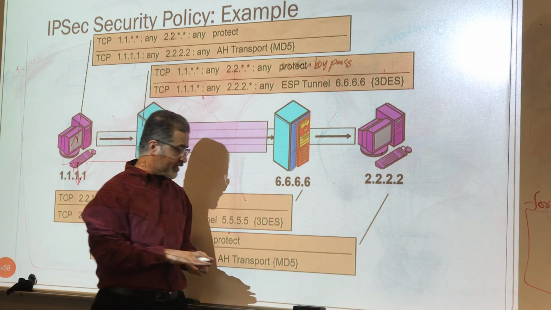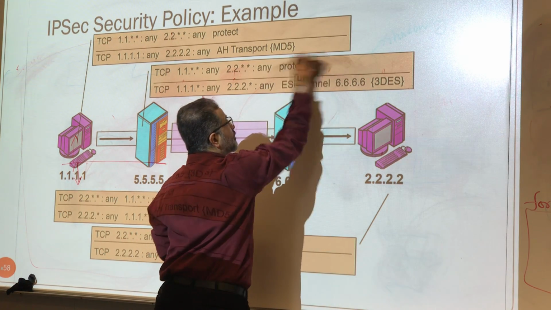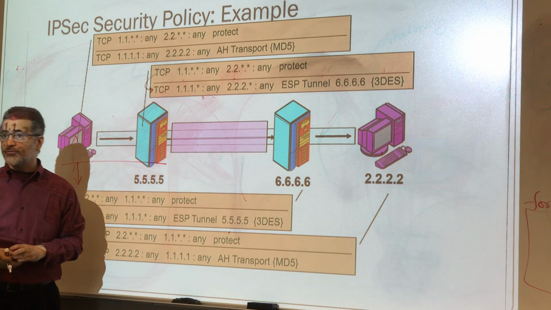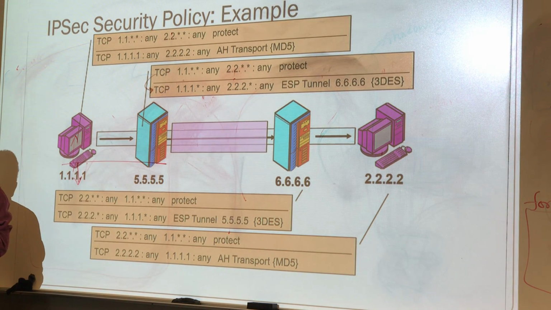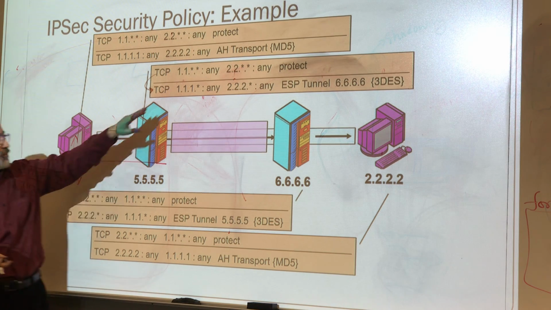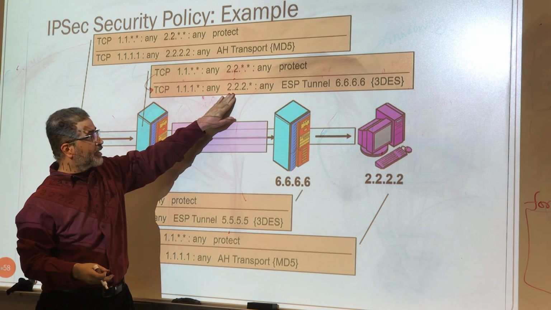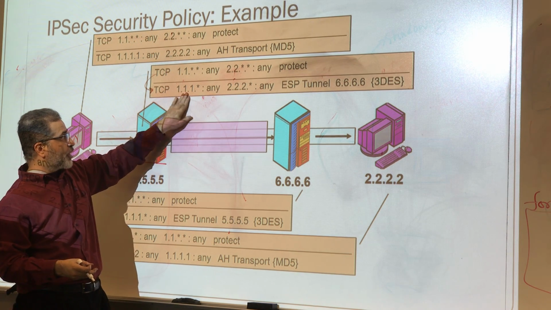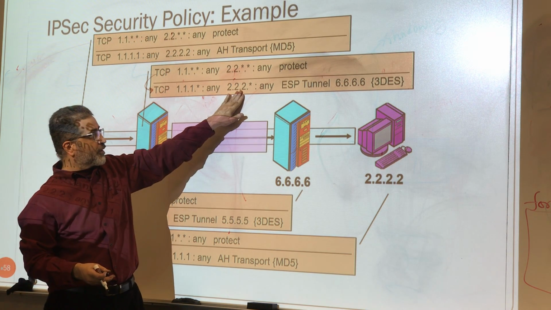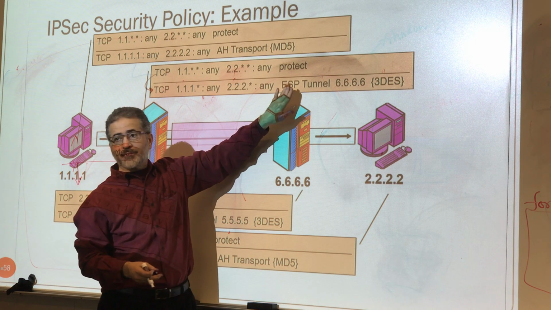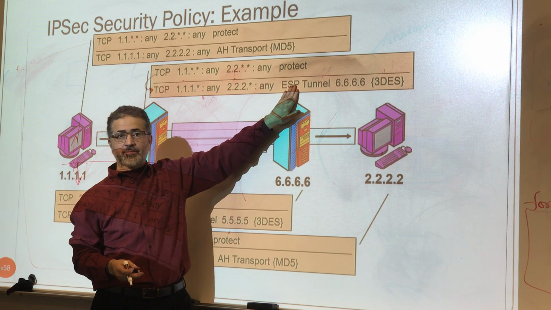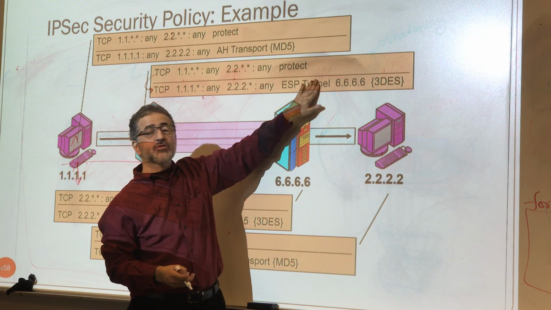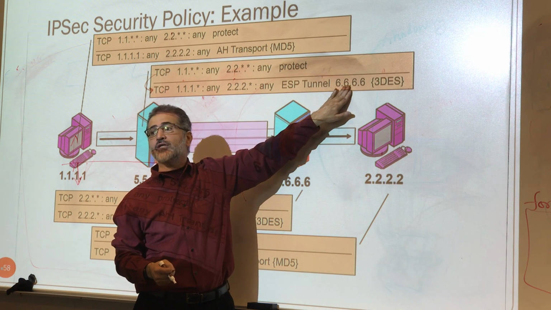But the fact that it says protect means I have to come to the map list and check for that. Match again 111, 222. If this is traffic going from 111 to 222, then encrypt it. Encrypt the traffic using tunnel. And whenever you use a tunnel, you have to put the end of the tunnel.